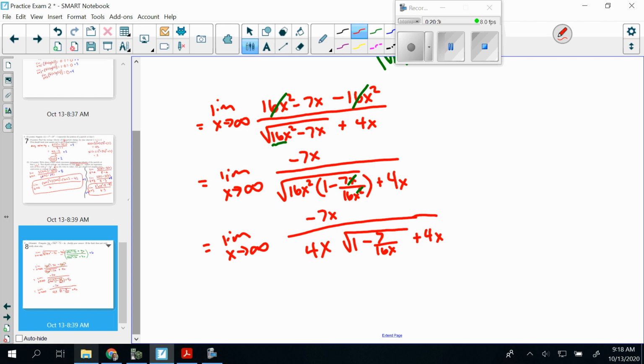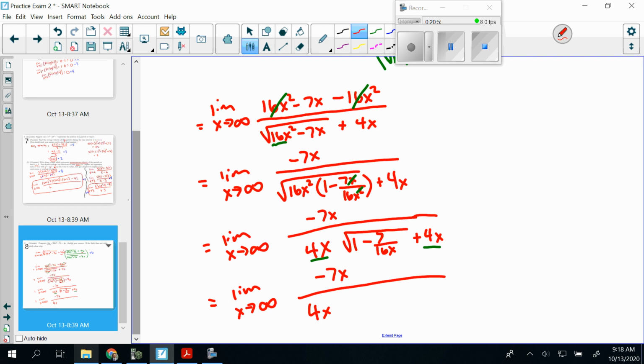Okay, one more thing I'm going to do now before we do this limit as we go to infinity. I see that we have a 4x here and a 4x here. So we could factor that out since both terms have that. So limit as we go to infinity would be negative 7x over, I'm going to factor out that 4x.